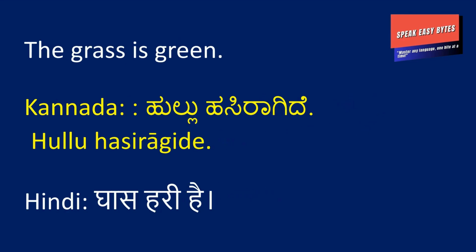Next sentence. The grass is green. In Kannada they say Hullu Hasiragide. I'm stressing in this particular place wherever you see a line on top of A, that means A sound. In Hindi, they say Ghas Hari Hai.